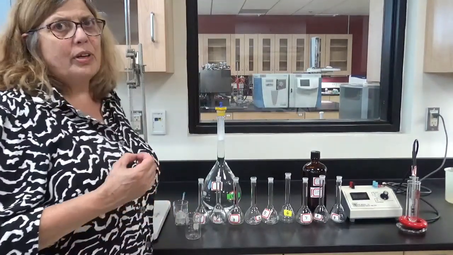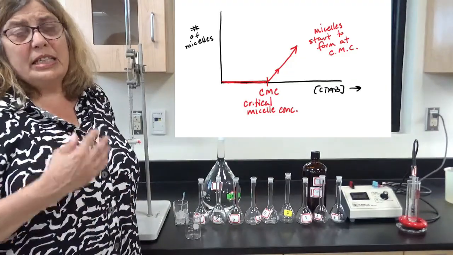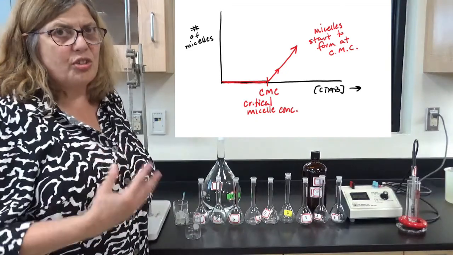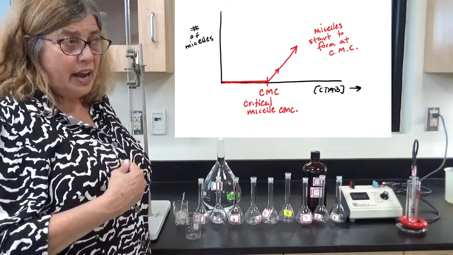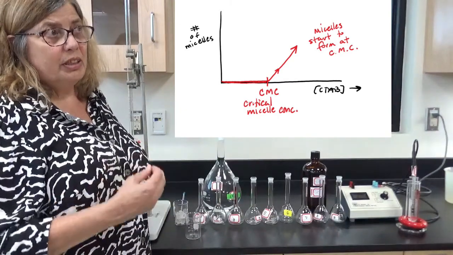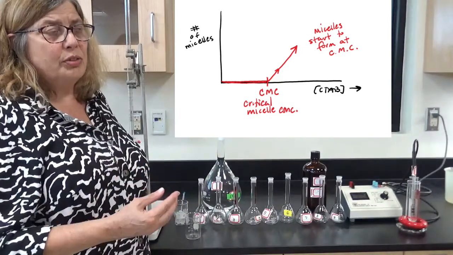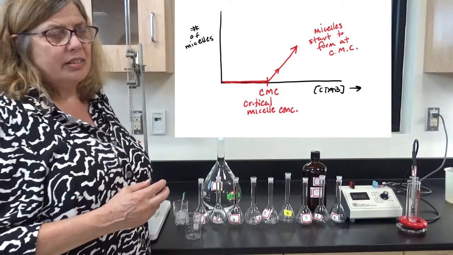So in this lab, we're going to determine the concentration of CTAB that's needed in solution for micelle formation to start. And it turns out that after that concentration, the critical micelle concentration, the more surfactant you put into the solution, it basically all goes into the forming of micelles.